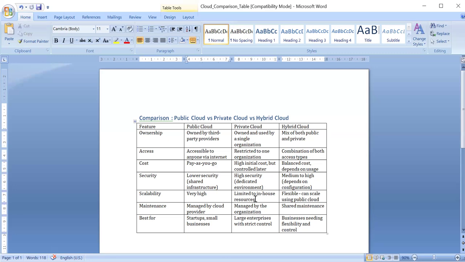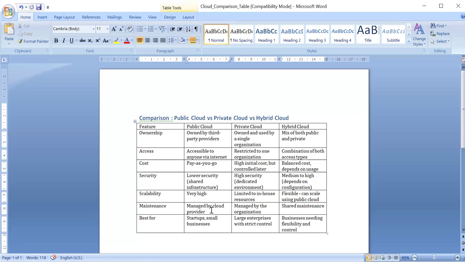If you want to use extra hardware, you have to pay for that. Then hybrid cloud is the best of both. For public cloud, scalability is high, and for private, scalability depends on the infrastructure, limited by the hardware. So scalability is flexible in hybrid cloud. It is limited in private cloud. It is very high in public cloud.